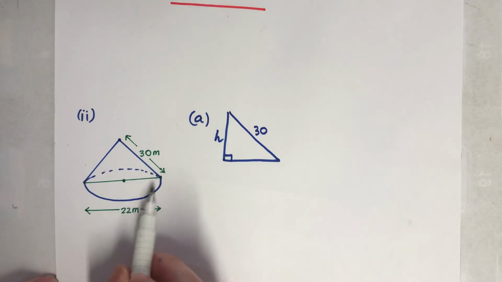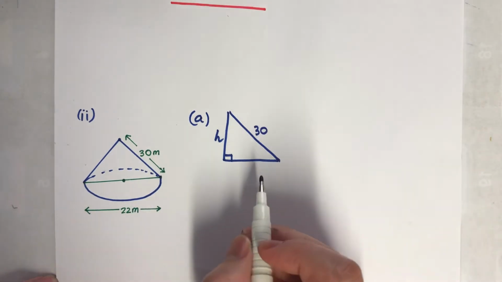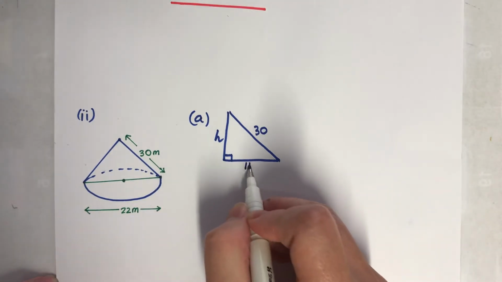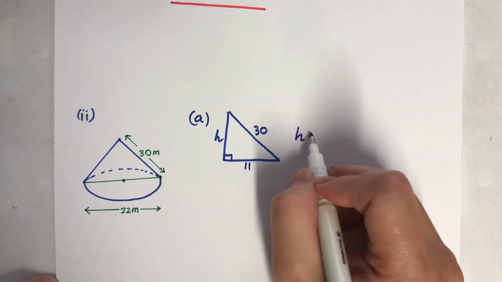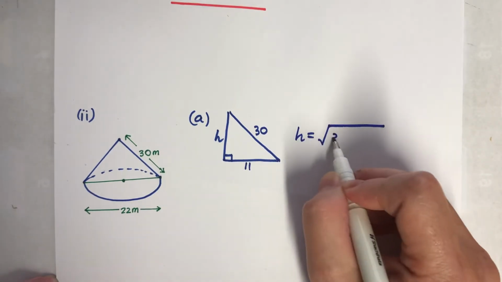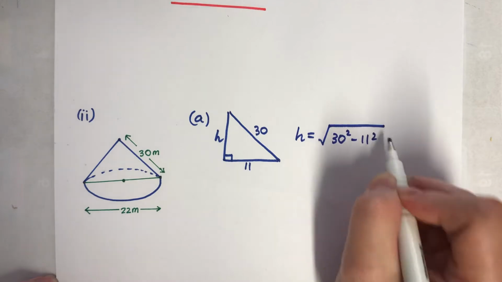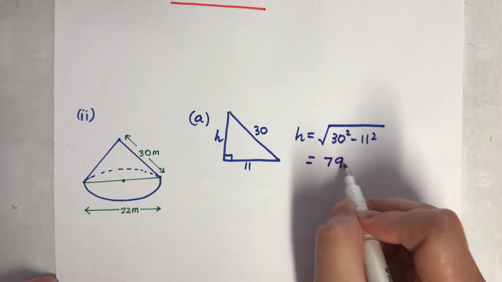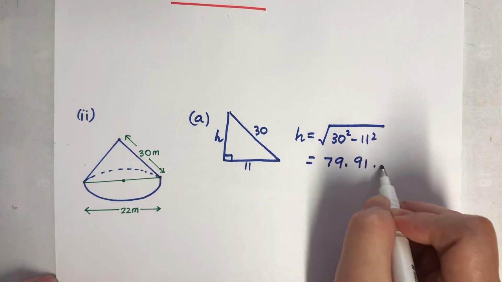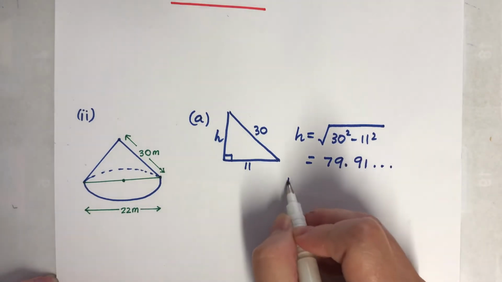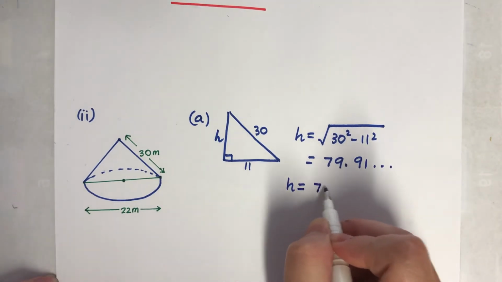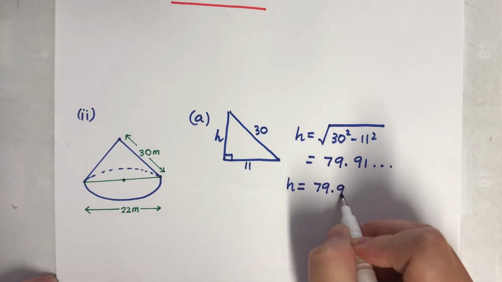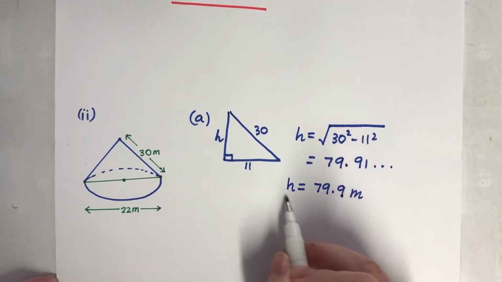And that's my base, half of diameter 22, half of that is 11. So my height will be 30 squared minus 11 squared. If I do that using a calculator, I'll get 27.91 something, dot dot dot. And because it says 1 decimal place, I'm going to go with that, meters.